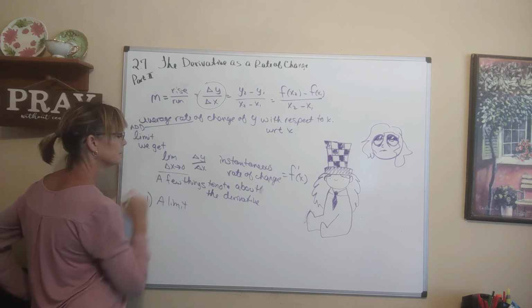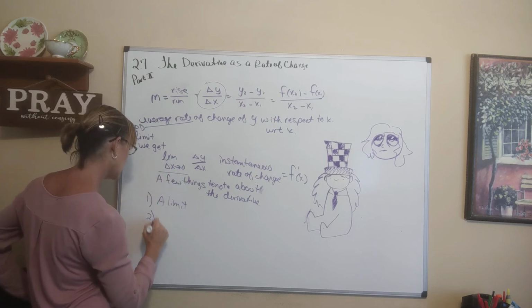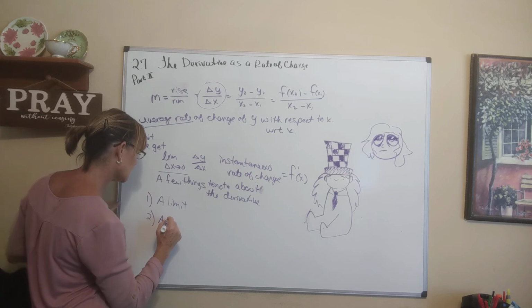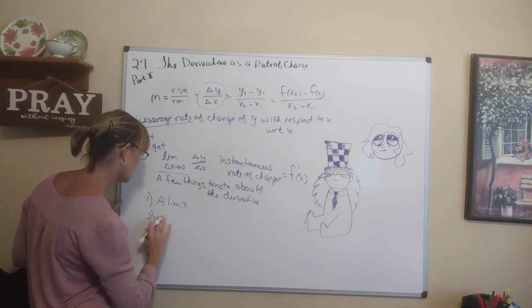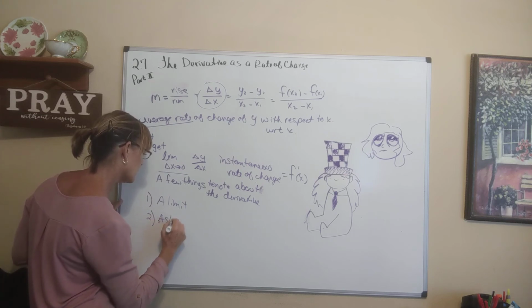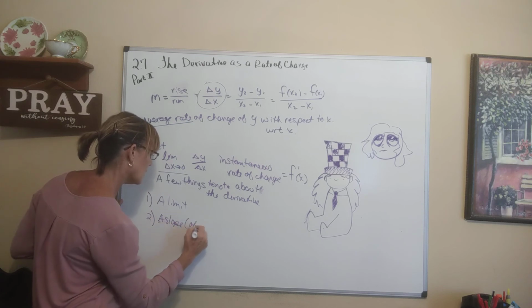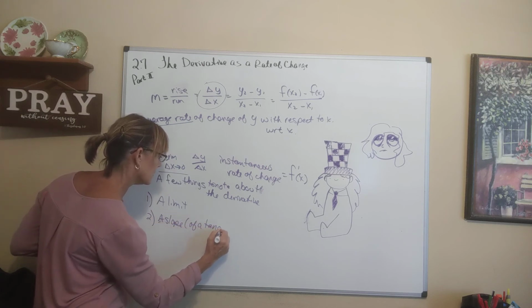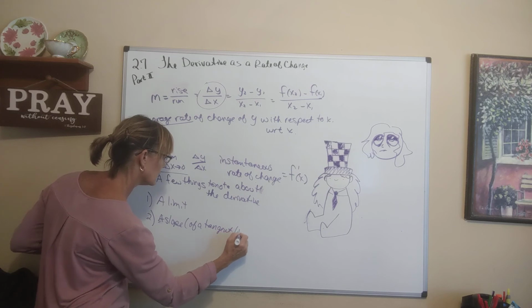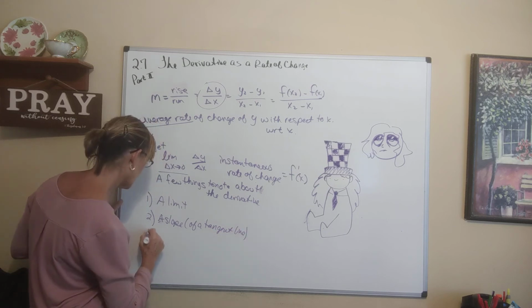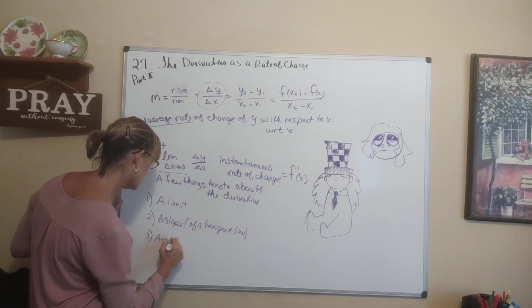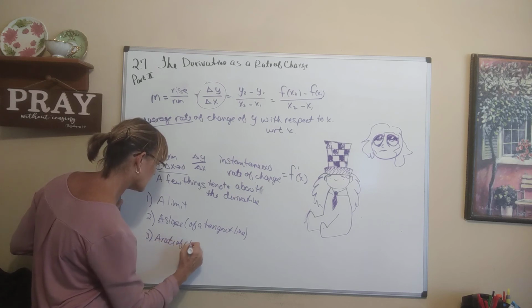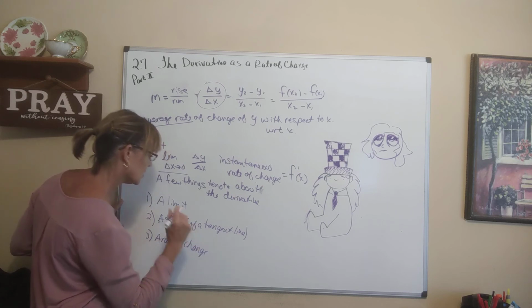The derivative is the slope of a tangent line. And the derivative is also a rate of change, as we're going to see today, the change in something.